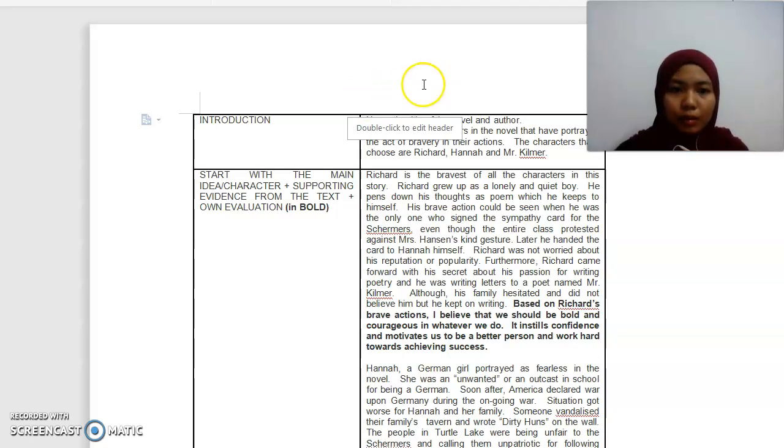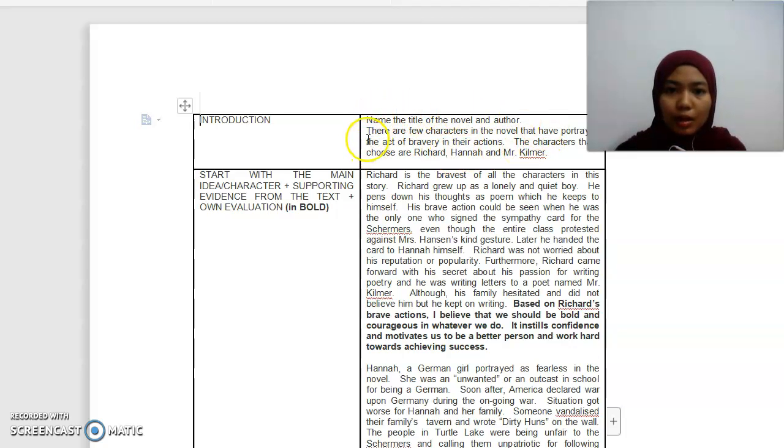So first of all, in the introduction, you have to put the name of the title of the novel and the author as well, and then you have to mention the characters that you chose, or any characteristic or quality, basically anything, in the introduction.